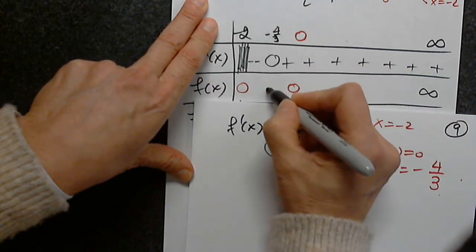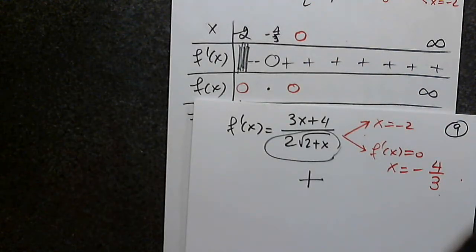I have to plug this number in, the function. Now I will use a calculator to plug in negative 4/3. So negative, I will recommend putting parentheses. Let me do this here better. So parentheses, negative 4 divided by 3.